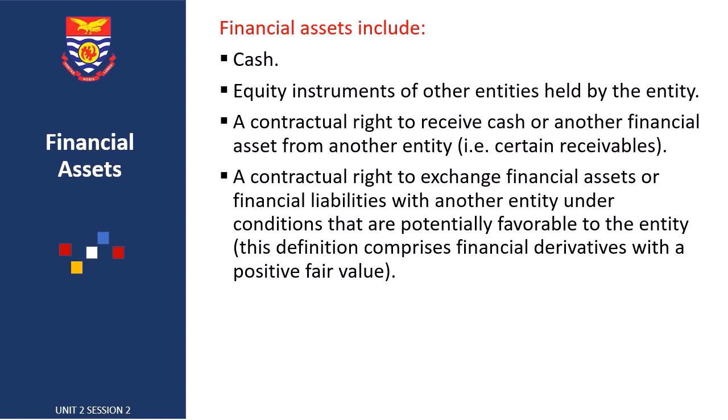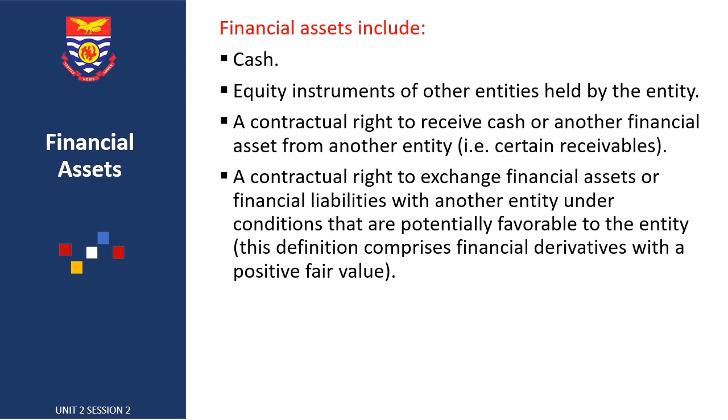When we talk of financial asset, it includes cash, equity instruments of other entities held by the entity. So what we mean here is that you have an equity instrument of another company which is in your possession now.